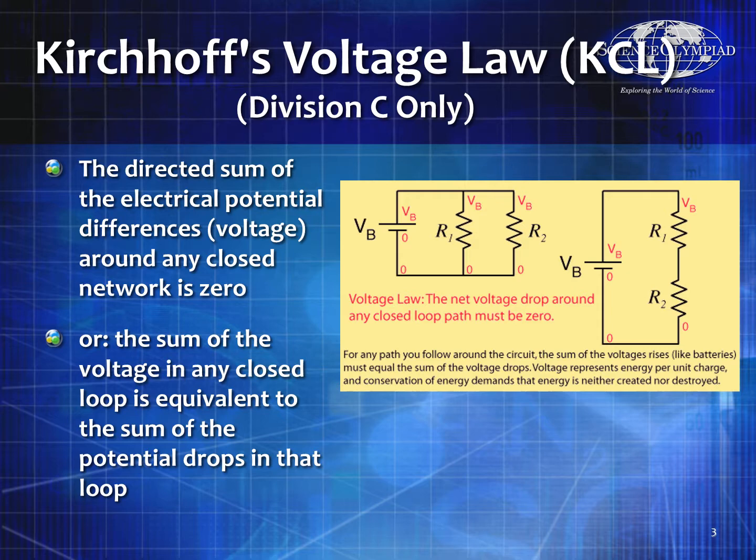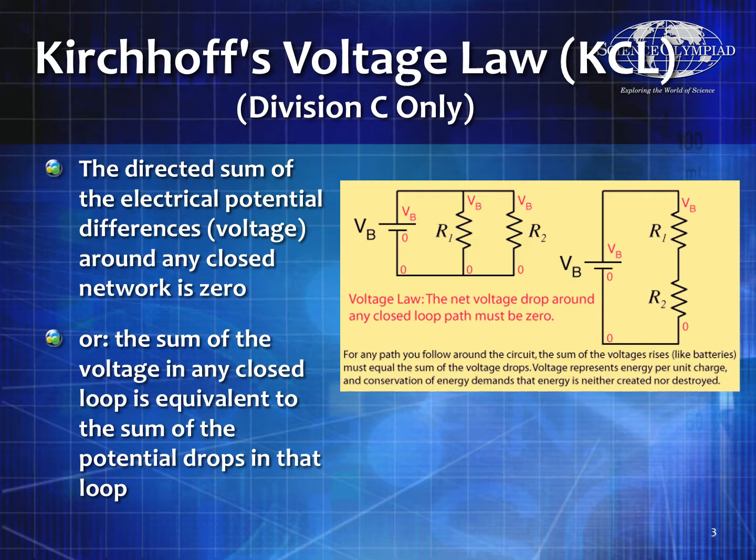So if I look at the two examples to the right, if I go around from the lower left-hand corner, from 0 all the way around through R1 and back, that tells me that VB minus the voltage of R1 equals 0, or VB is equal to the voltage of R1. I can also do that same loop starting at the same 0, but now going through R2.